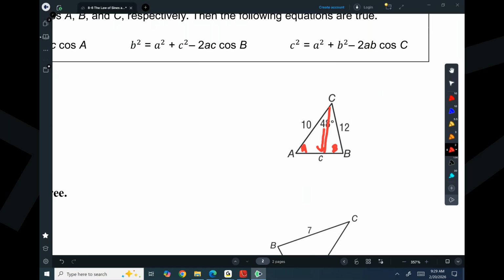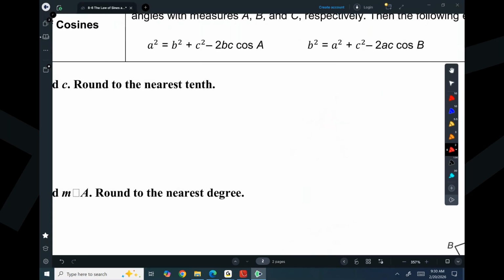It's been a while since I've done it. But you can't solve this one, right? You need an angle and a side across from it. So if I knew what this was, we would have been okay, because we could have solved for A. But since we have two variables that we don't know, we cannot solve it without a system or something else clever. All right. So that's where the law of cosines pops in.